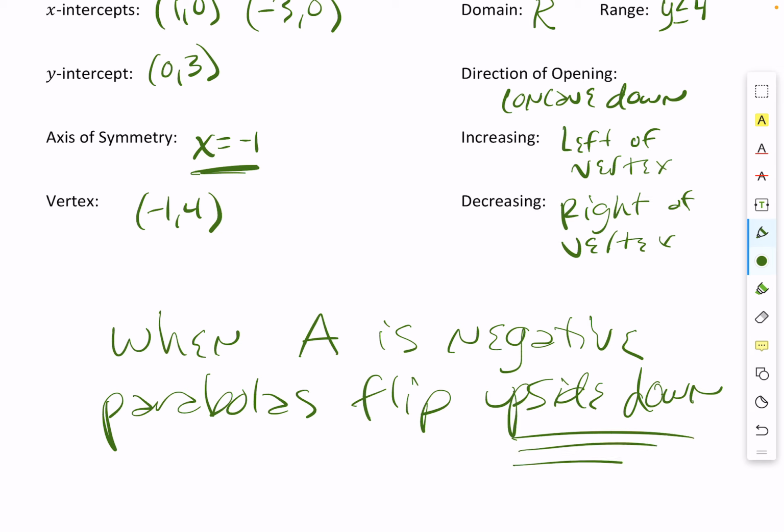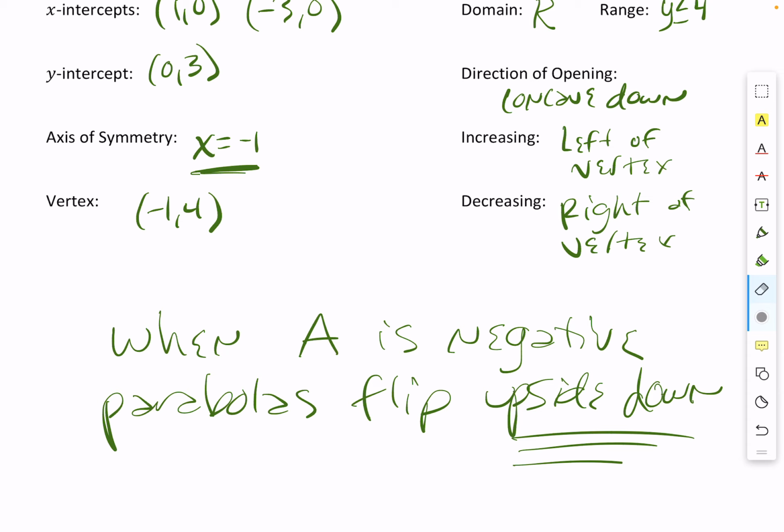When the coefficient in front of the x squared is negative, okay? When A is negative, then the whole quadratic equation flips upside down and becomes concave down.